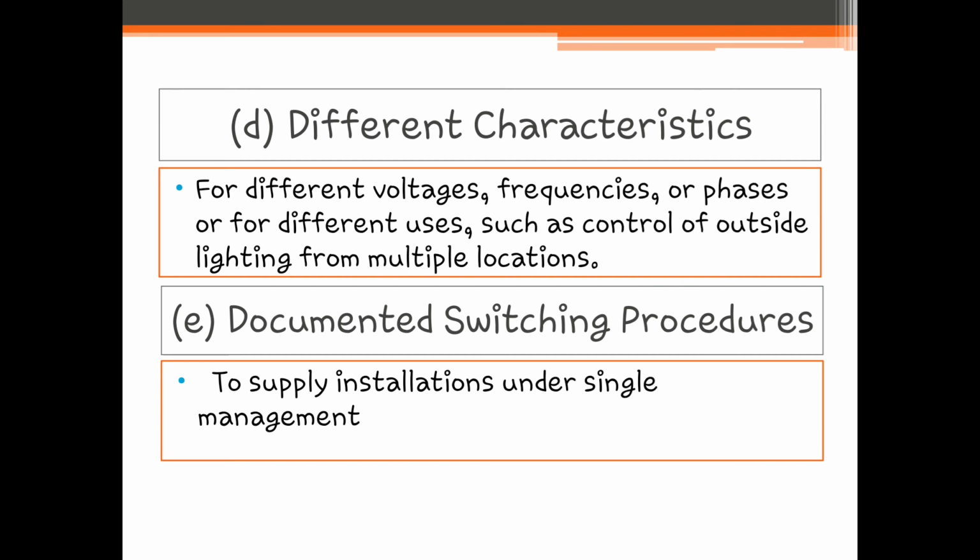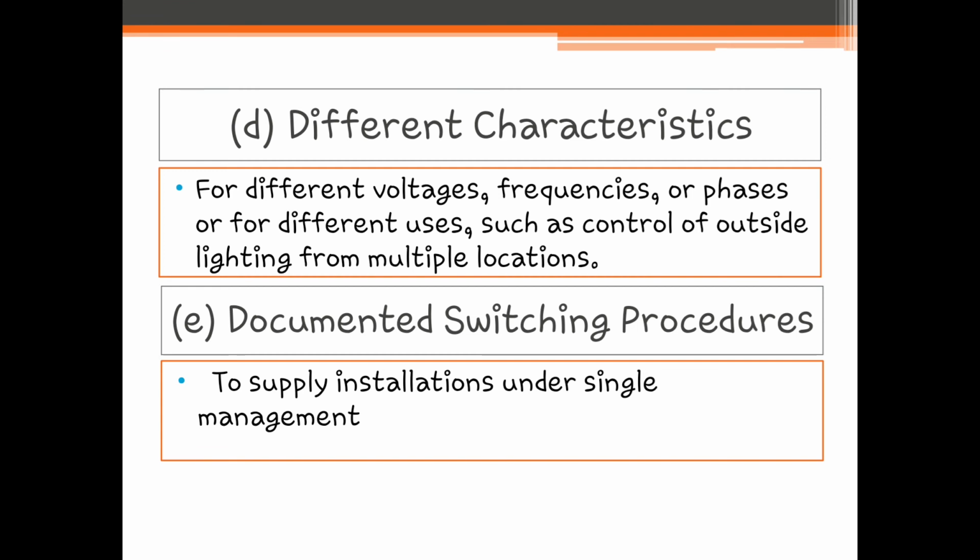Next is different characteristics. There are additional feeders or branch circuits needed for different voltages, frequencies, or phases, or for different uses such as control of outside lighting from multiple locations.